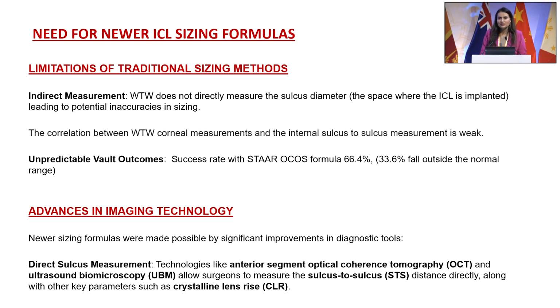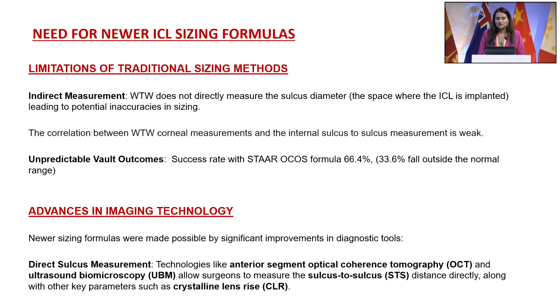It has also been found in many studies that the correlation between the white to white corneal measurements and the internal sulcus to sulcus is weak. It's not that if you measure the white to white, the sulcus to sulcus will always be 0.5 larger. That's not the case in every eye. They do not correlate very well. Sometimes it can be smaller also.